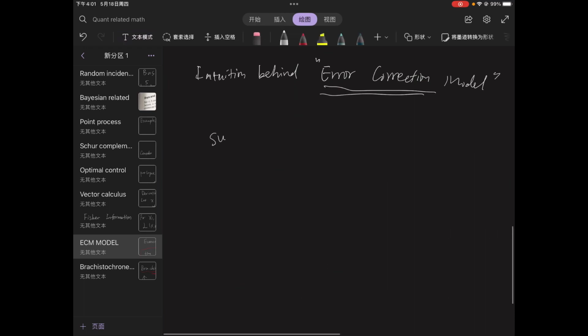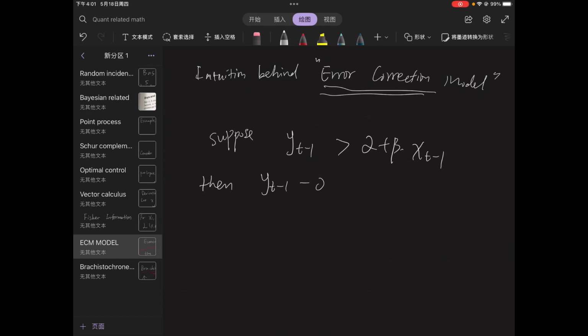So suppose yt minus 1 is larger than alpha plus beta times xt minus 1, then yt minus 1 minus alpha minus beta times xt minus 1 will correct the error a little, which will make sense. Okay, that's the reason behind the name.